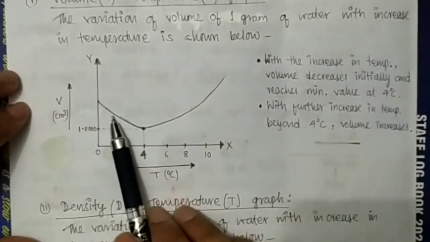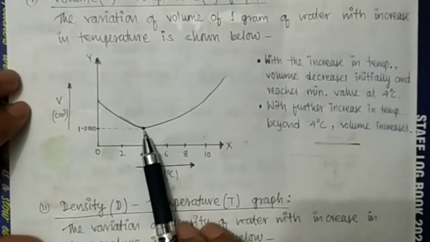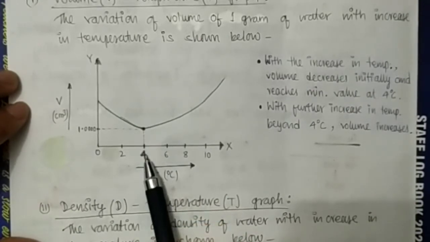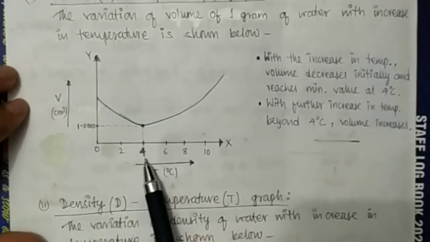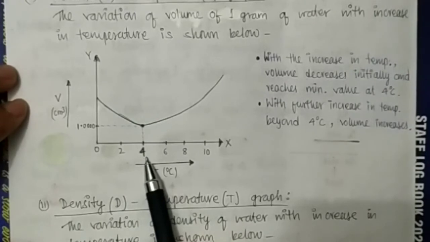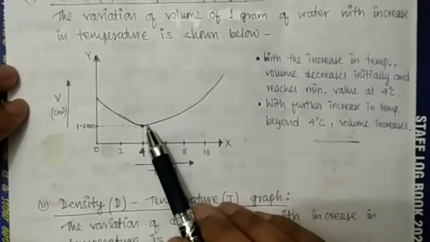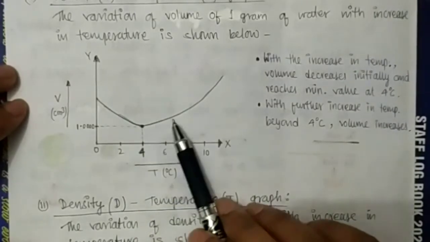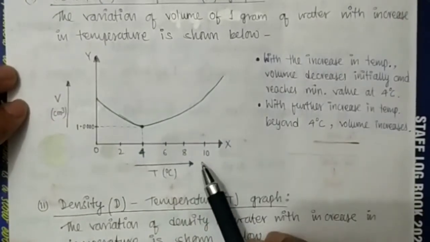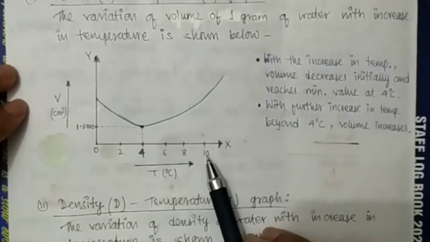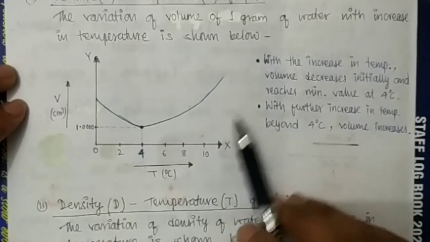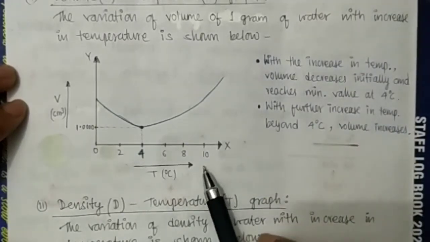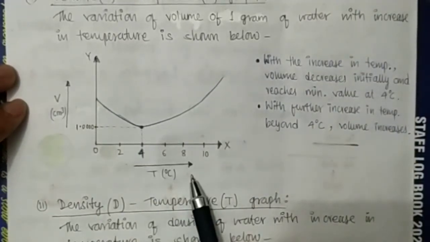That means its volume decreases and it will reach its minimum value at 4 degrees Celsius. And if we further heat this water beyond 4 degrees Celsius, water will expand. That means the volume will increase. This is how we represent this particular observation in the form of graph.